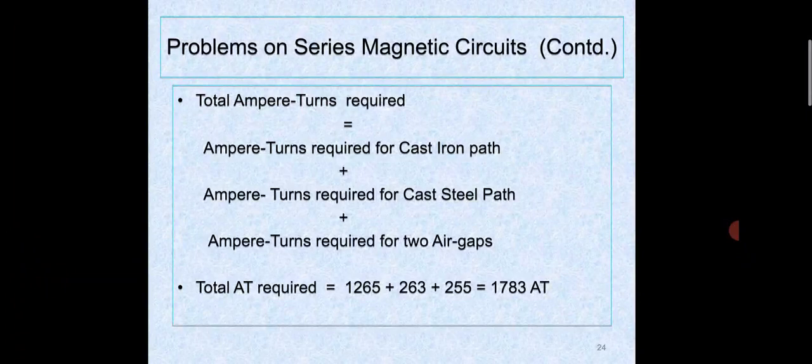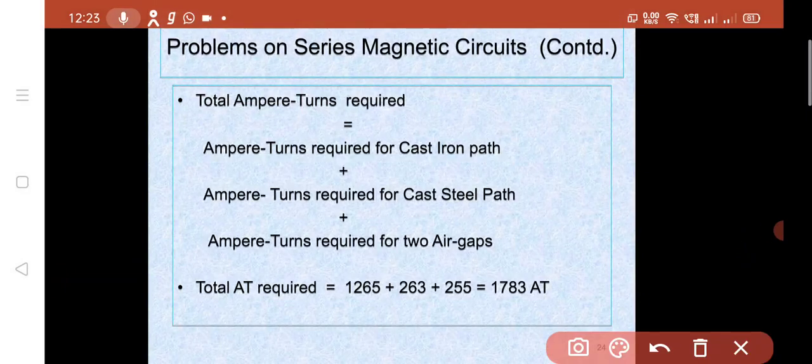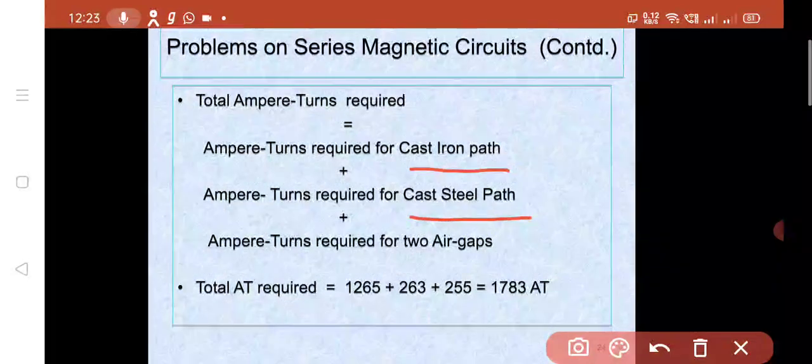And total ampere turns required is equal to ampere turns required for the cast iron path plus ampere turns required for the cast steel path plus ampere turns required for the 2 air gaps.